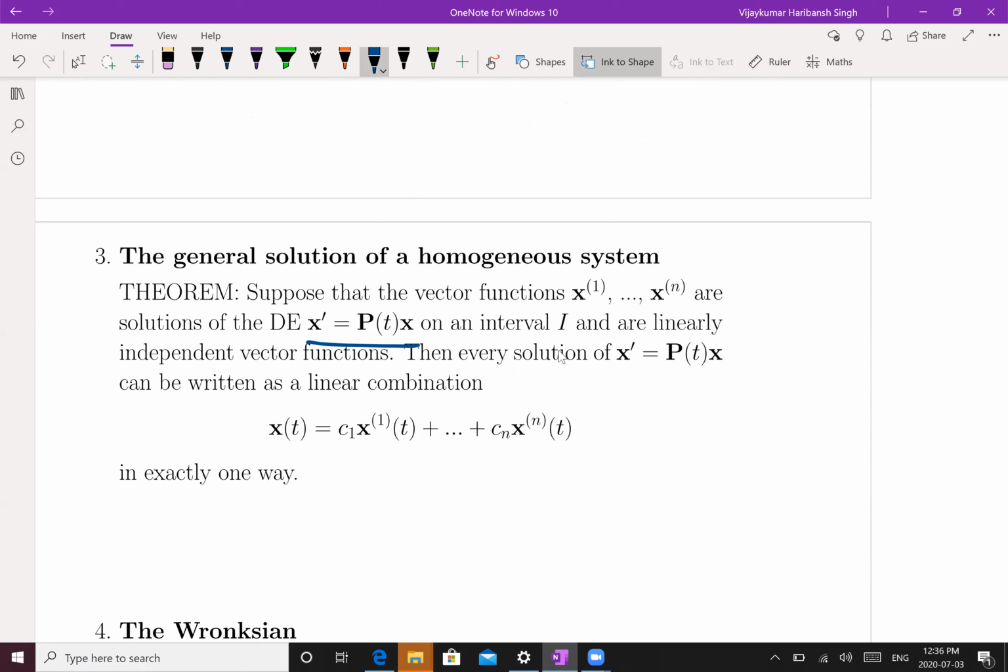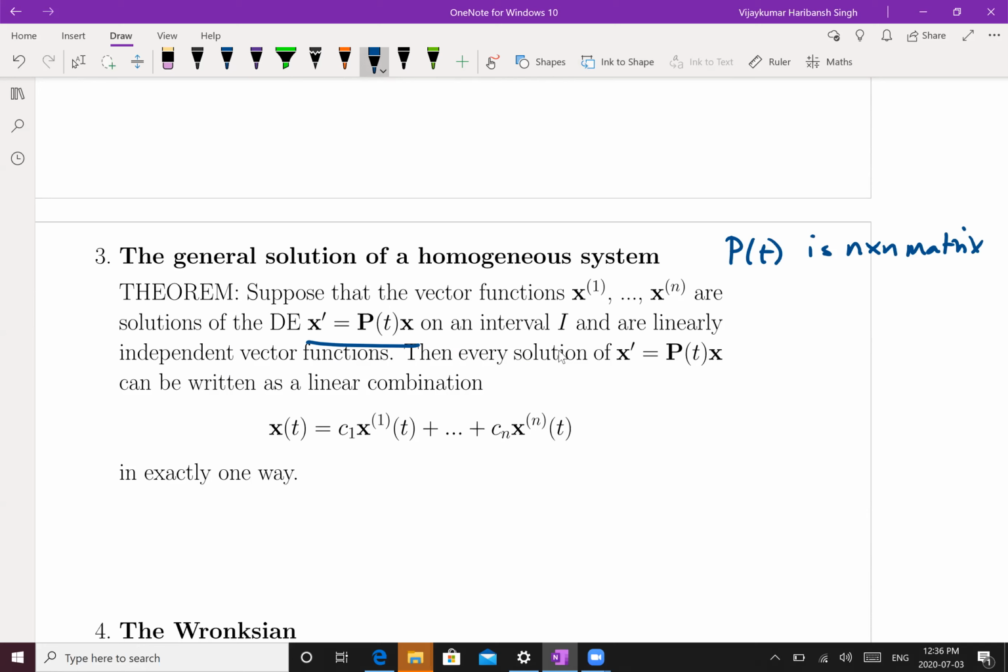So let's again try to understand what the starting setup is. P(t) is an n cross n matrix. The dimensions have to match properly, right?